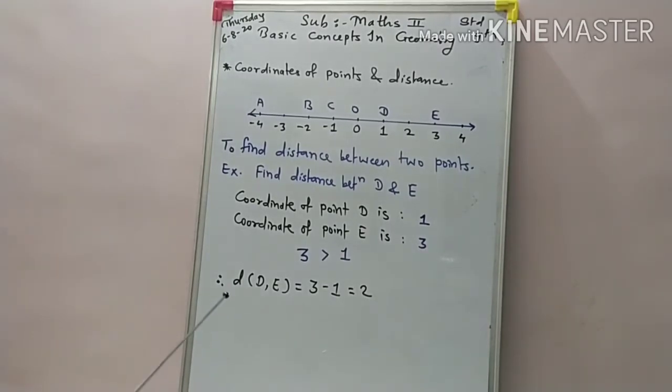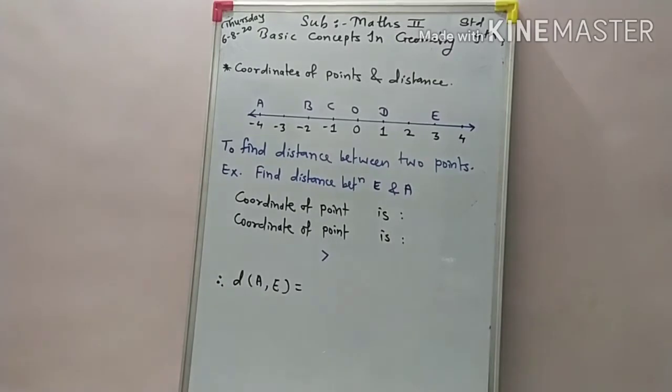You have to write small letter d, and in brackets write the two points D comma E, and we read it as distance between D and E equal to what? You have to subtract the smaller coordinate from the greater one, and here the coordinate of E is greater than the coordinate of D as 1. So we do subtraction as 3 minus 1, and hence the distance between the two points is what? 2. Getting this?